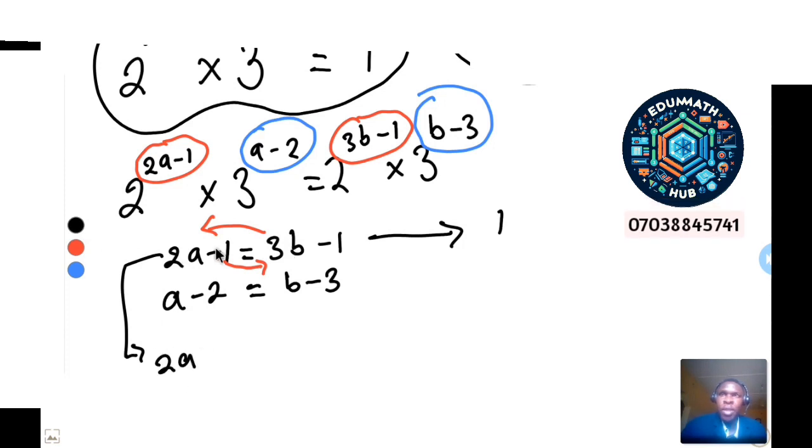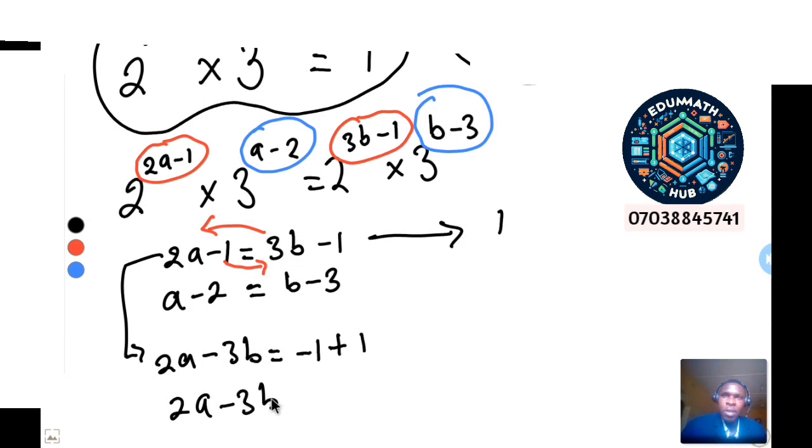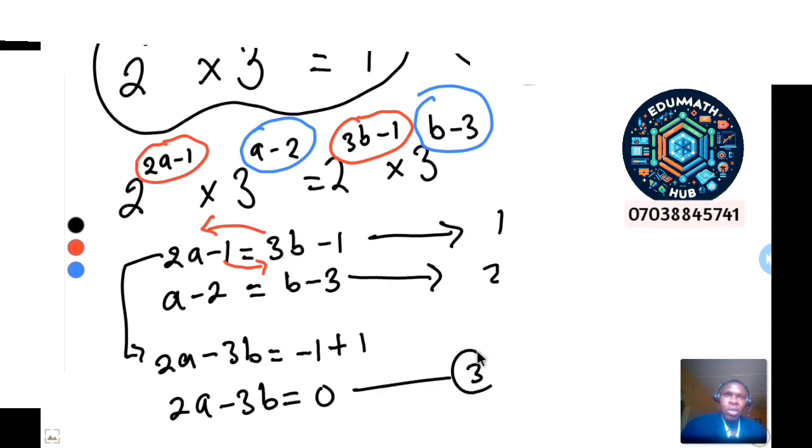This b is coming here, so that will be minus 3b is equal to minus 1 is already here, so you write minus 1. This minus 1 is coming to this side, so the sign becomes plus. So at the end of the day, you have 2a minus 3b is equal to 0. Let's call this one equation 3.